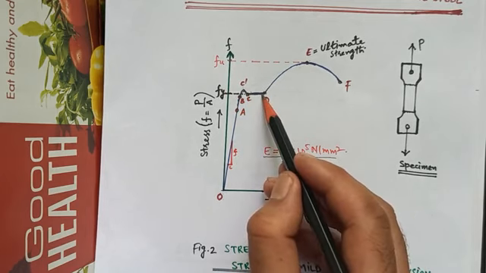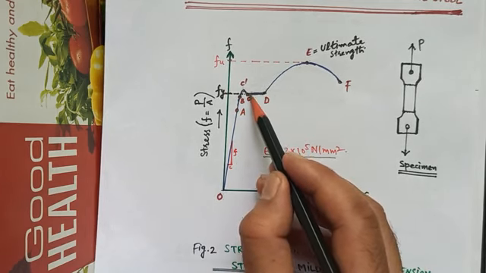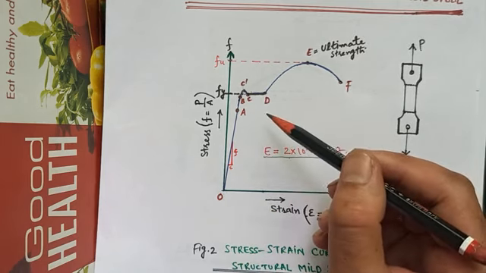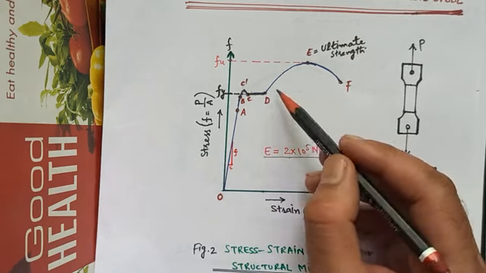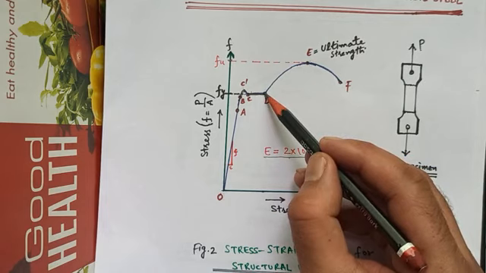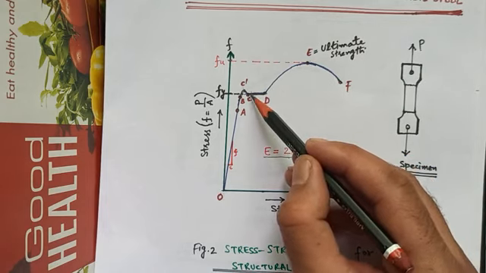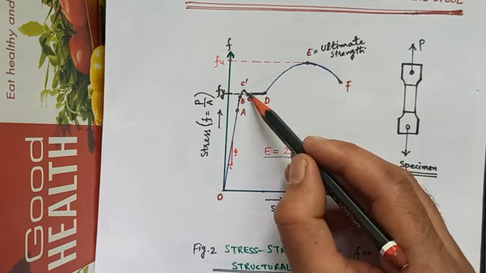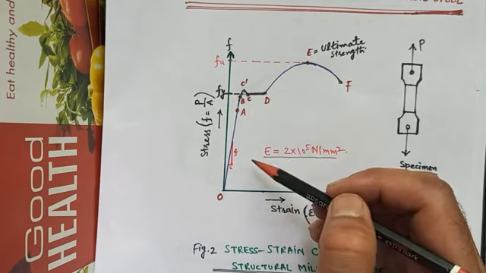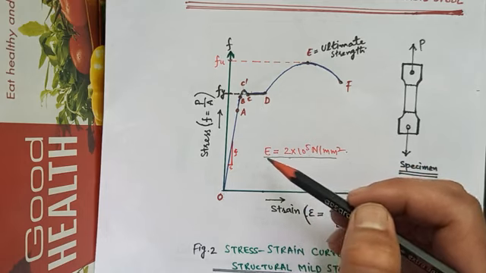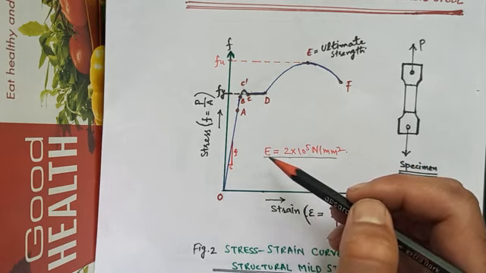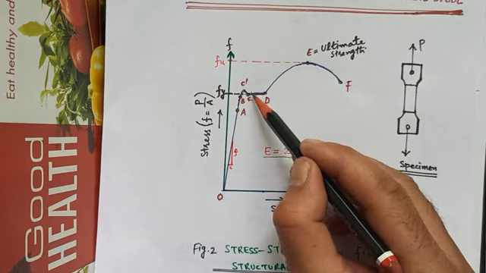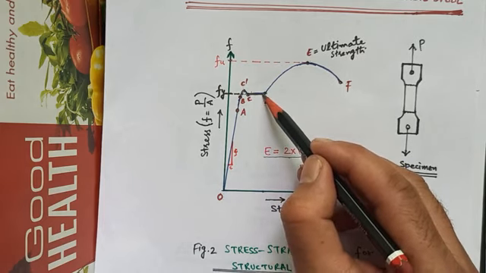Now CD represents the plastic yielding, or it is called the yield plateau. It is a strain which occurs after the yield point with no increase in stress. So there is constant strain with no increase in stress. The strain which occurs after the yield point with no increase in stress is called plastic strain.